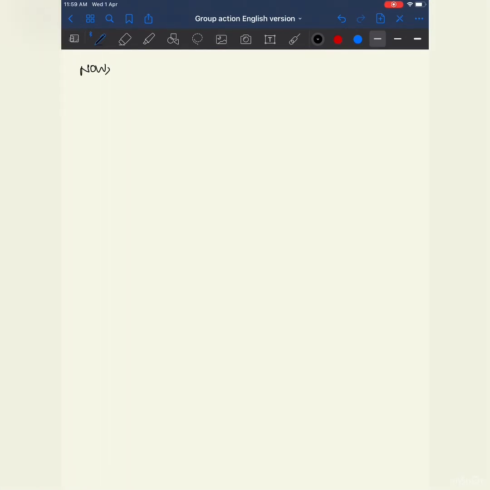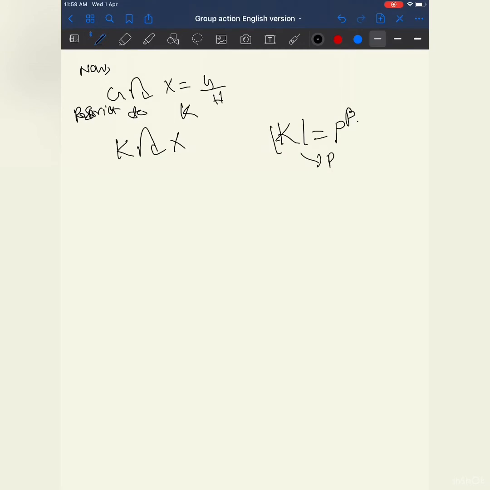Now this is the second restriction. First we restricted to an invariant subset. Now we are restricting the action of G on X, that is G/H. Now I am restricting this action to K. Now K is acting on X. Remember that K is a p-group.